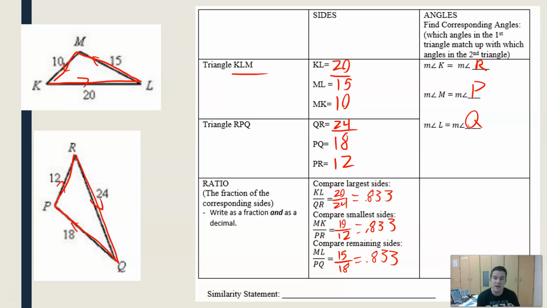So the ratios of those corresponding sides are all equal to each other. That's enough to say these two triangles are similar with a scale factor of 0.833.